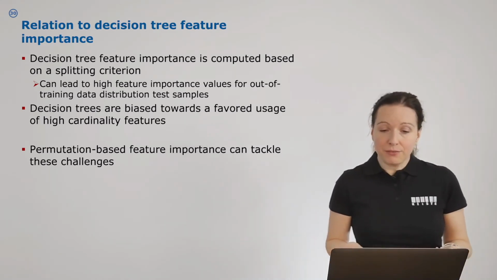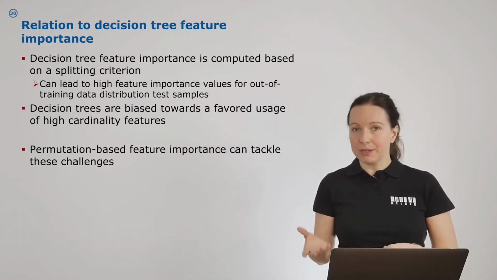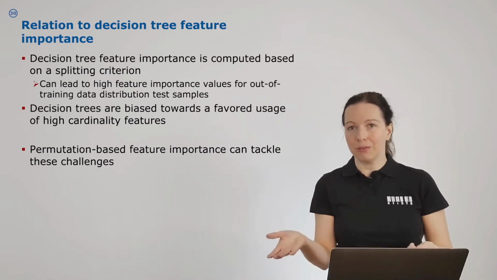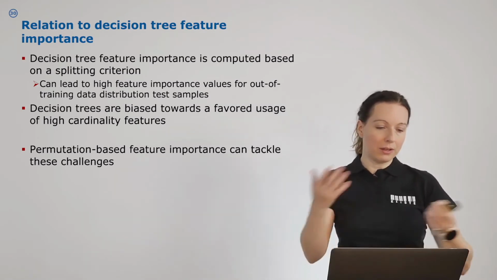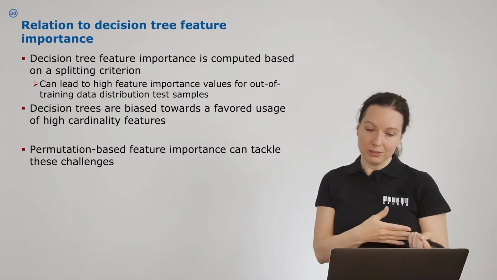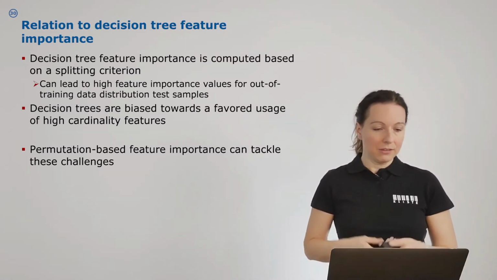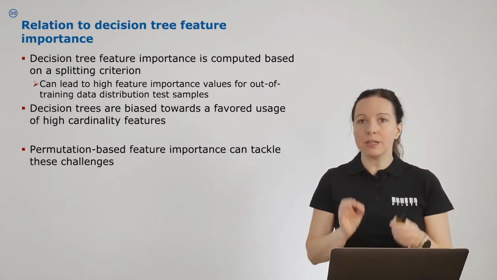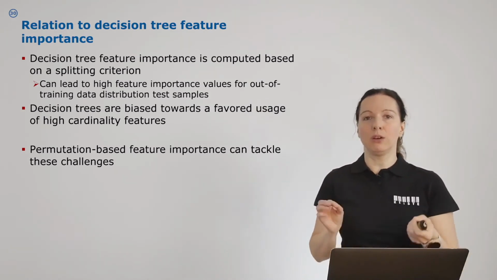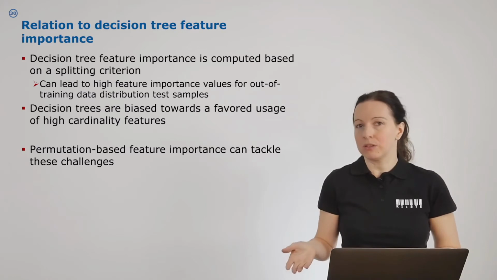Permutation-based feature importances do not exhibit such a bias, and additionally the permutation feature importance is model agnostic. The decision tree feature importance is not model agnostic, so permutation-based feature importance can be used to analyze any model class, not just tree-based models. So that's just an overview of the differences, but nevertheless, decision tree feature importance is mostly a good tool in case you are anyway using decision trees or random forests.